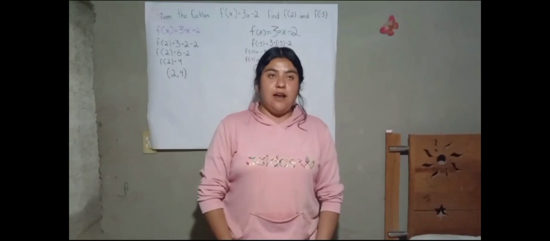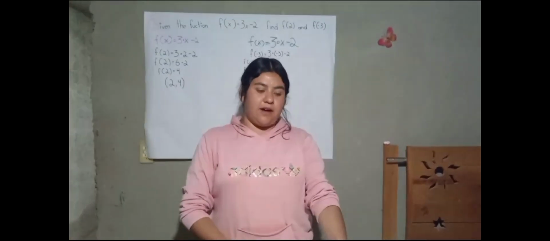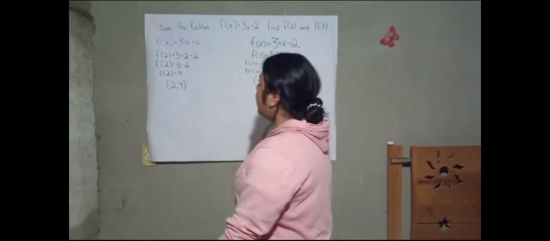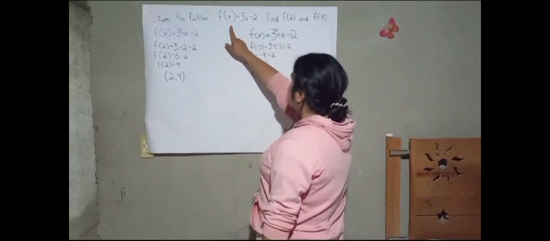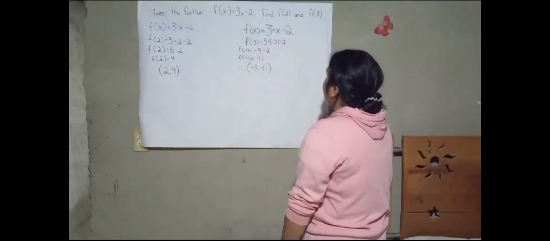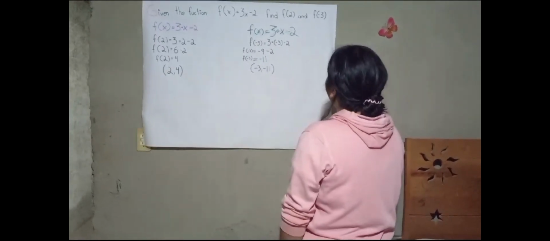Hello. Today we will explain an exercise on a variable function. Given the function f of x equals 3x minus 2, find f of 2 and f of minus 3.